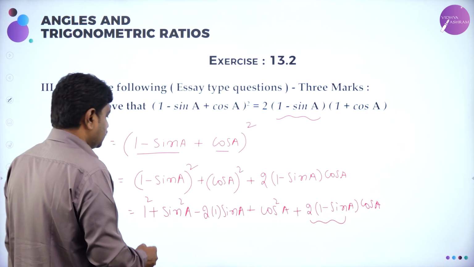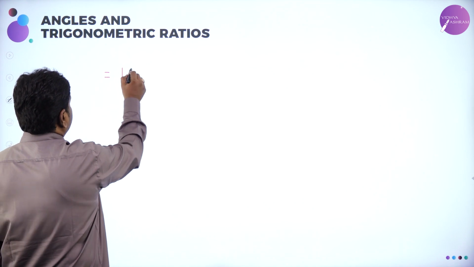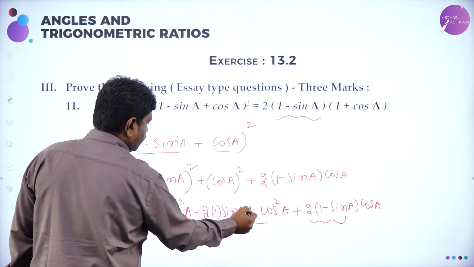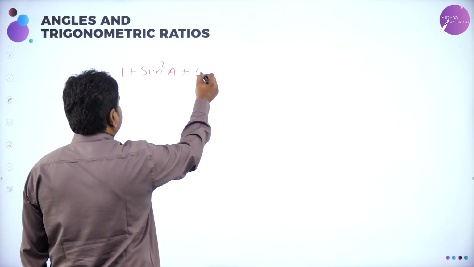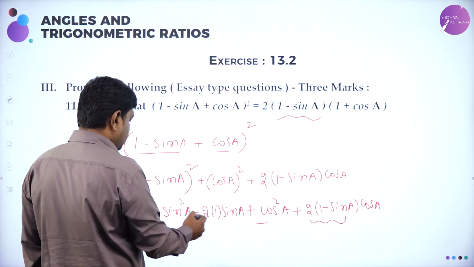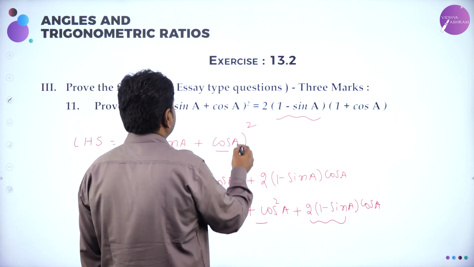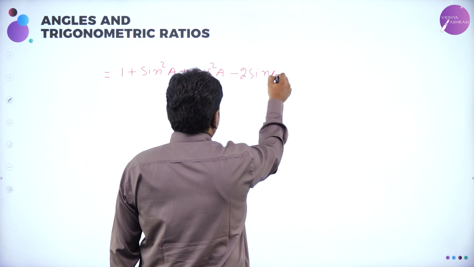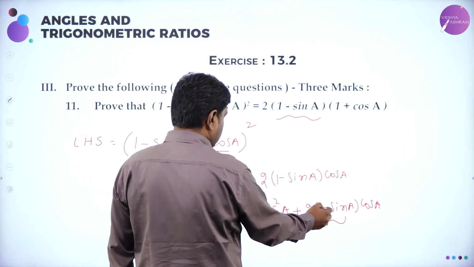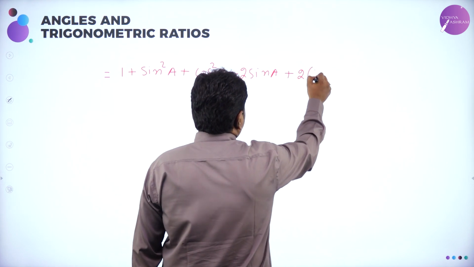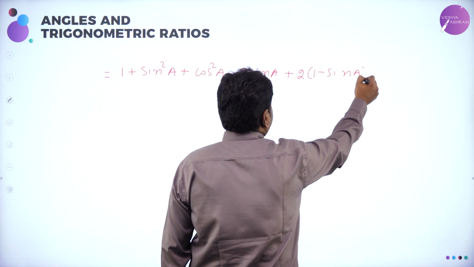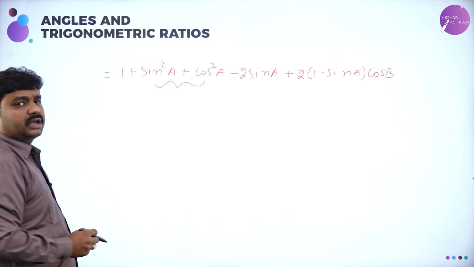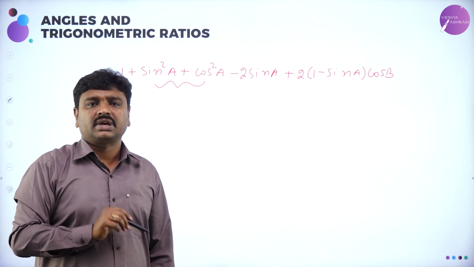So now simplify the terms. We have 1 plus sin square A, and also here we have cos square A. First I'll group it. I'll write sin square A and cos square A together, and then I'll write the remaining: minus 2 sin A, and further this last term plus 2 into 1 minus sin A into cos A. So now if you observe, this sin square A plus cos square A, what is sin square A plus cos square A? 1.